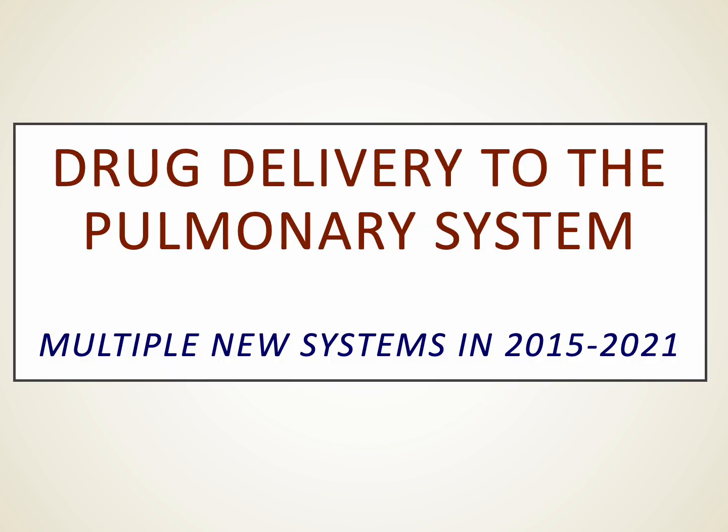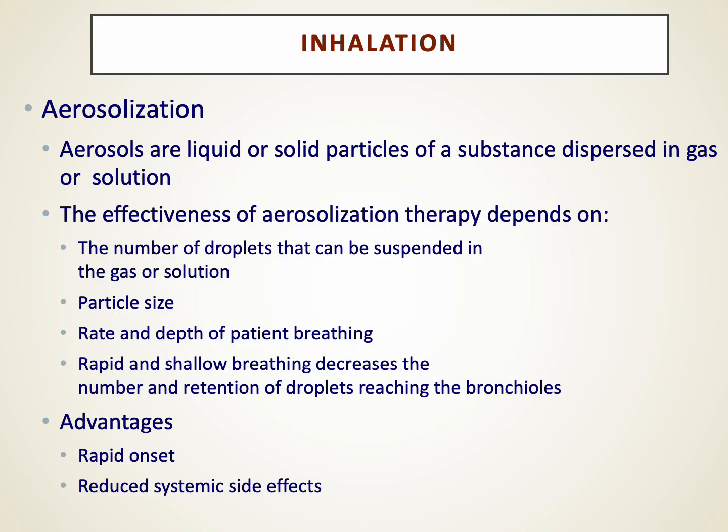Let's now spend a few minutes looking at how we deliver drugs and the delivery systems we use to get the drugs into the lungs. When we're giving an agent by inhalation, either a bronchodilator or an anti-inflammatory corticosteroid, we need to make sure that the particle or the liquid that's delivered is a small enough droplet or particle size that it's actually going to disperse deep into the bronchioles.